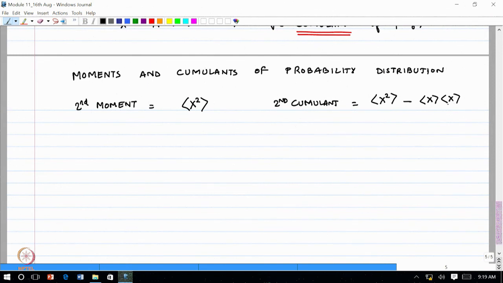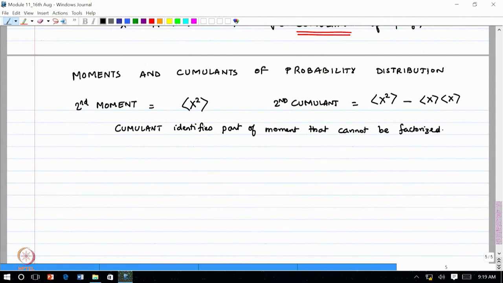Similarly, a cumulant identifies the part of a moment that cannot be factorized.